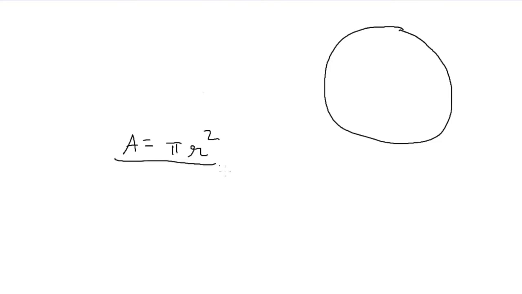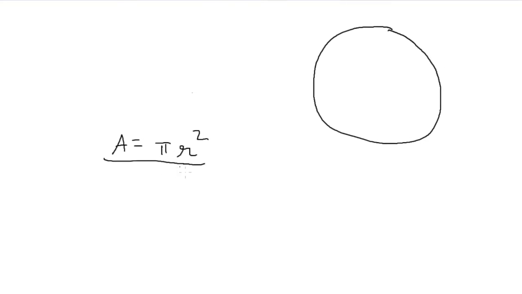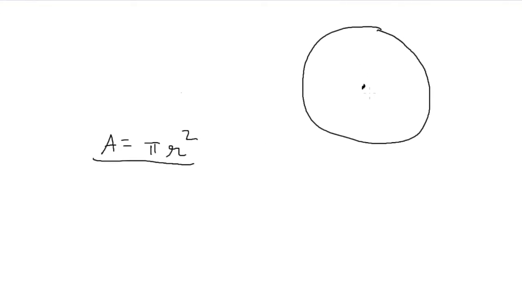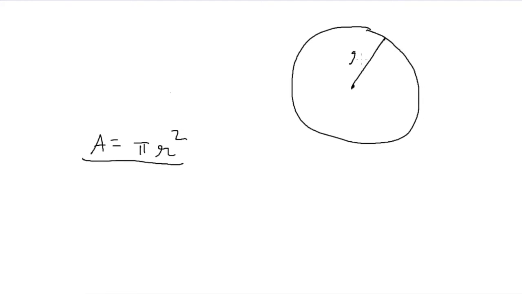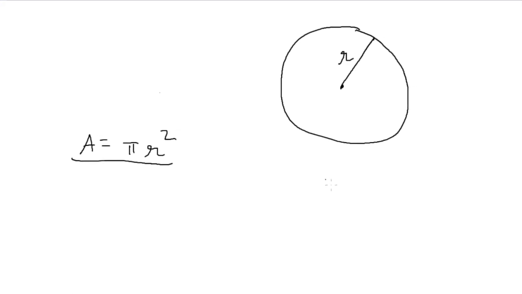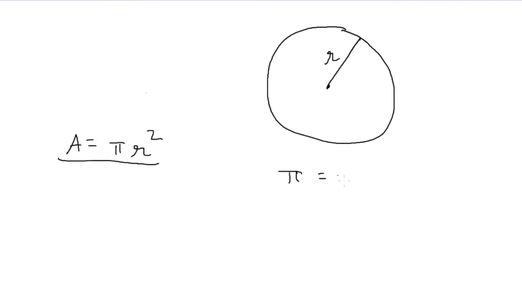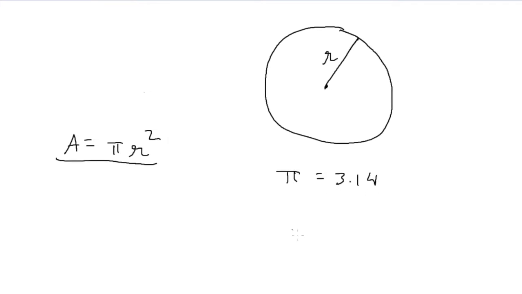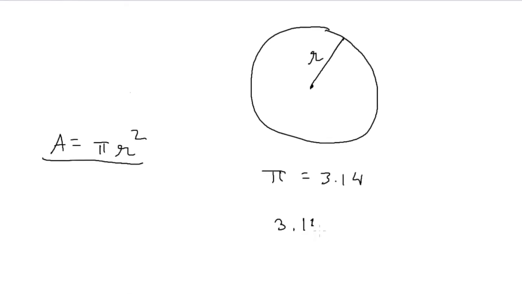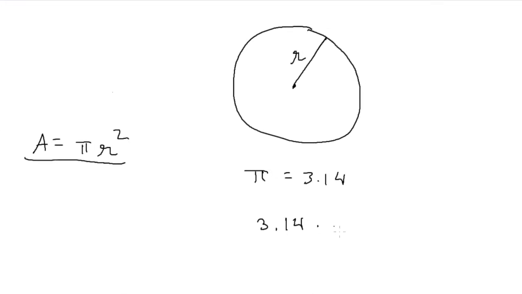Why is this the area of a circle? This random length, which is a radius, multiplied by this random irrational constant 3.14. Why does 3.14 times r squared equal the area?